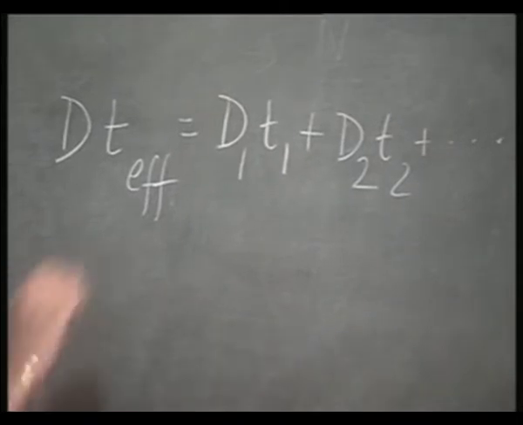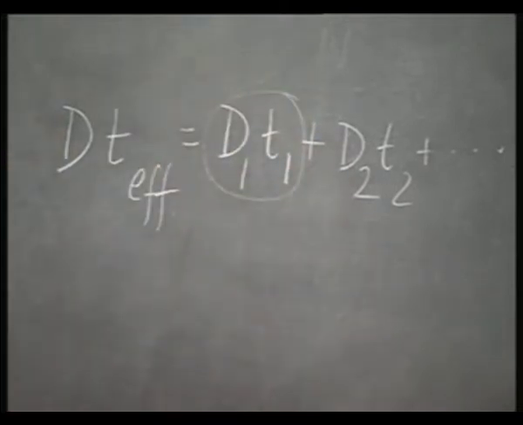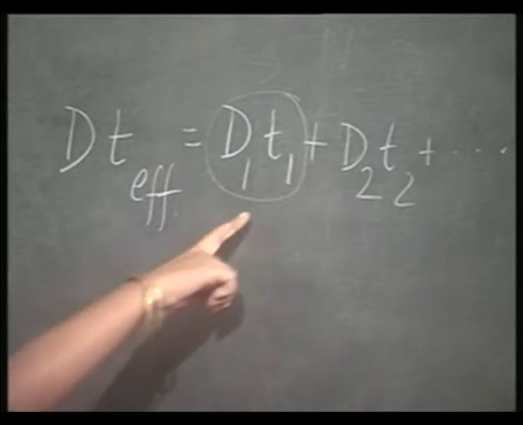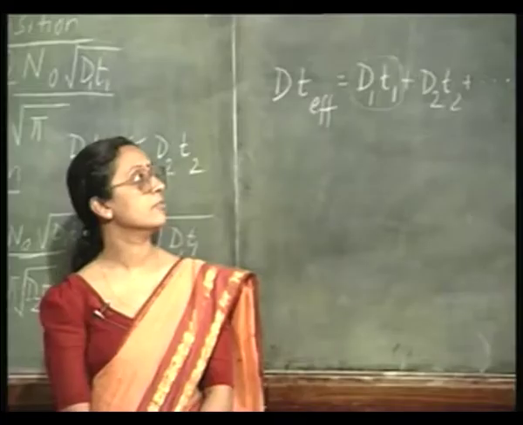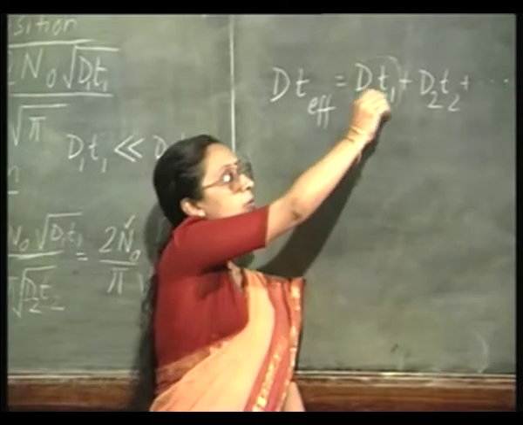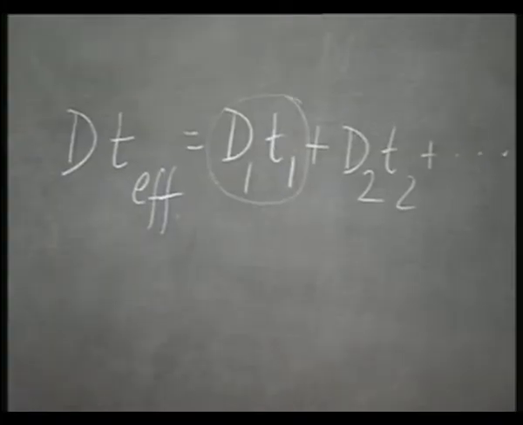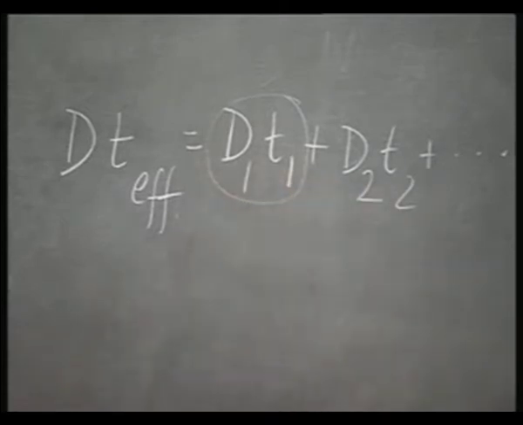that is, each D1 t1, D2 t2, they all correspond to a particular processing step. Let us say this processing step is for the actual base drive-in. Drive-in was carried out for a time of t1 at a particular temperature, so that the diffusion coefficient was D1, and then in the next instance the emitter diffusion was carried out.